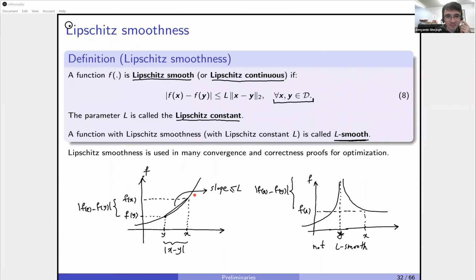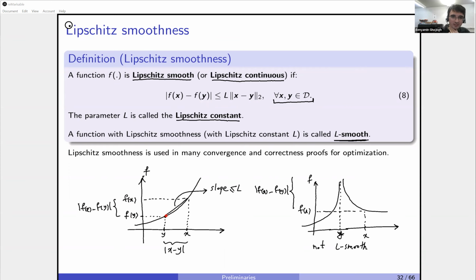For example, here in this left figure, x minus y, if it is a scalar input, is this distance between x and y. This is the distance between f of x and f of y. Assume this is the function.